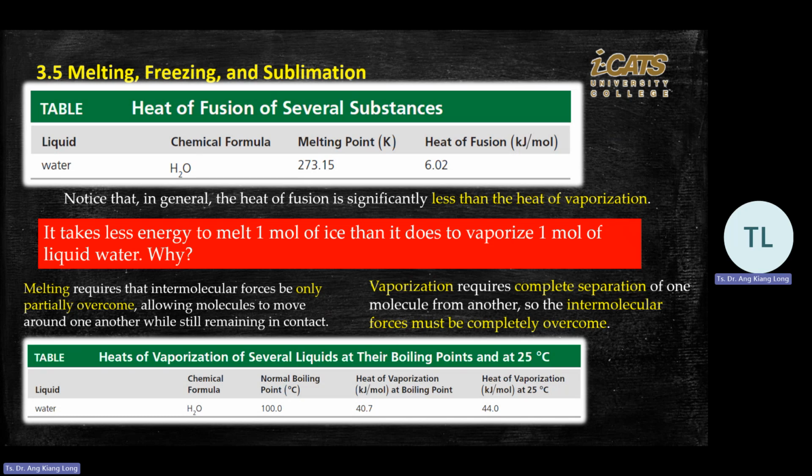It explains why the heat of fusion for water is only 6, but the vaporization for water is 40 something. It's because of the intermolecular forces. Vaporization, you need to completely separate the molecules. However, for melting, you don't need to care so much because you only need to overcome a little bit of the intermolecular forces. You push them together. All right.